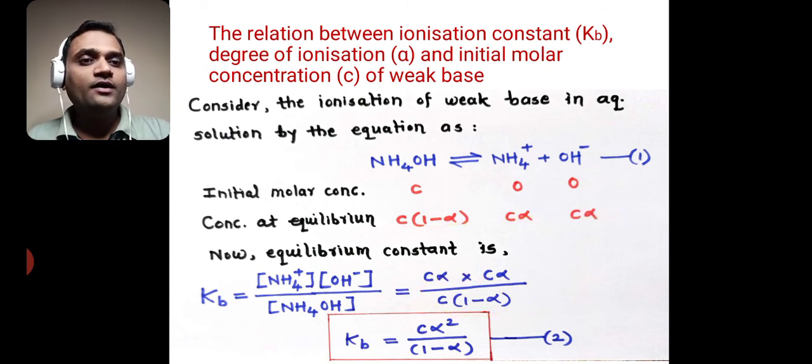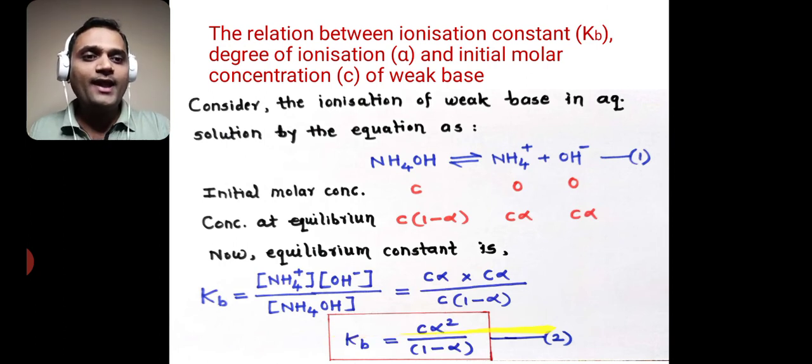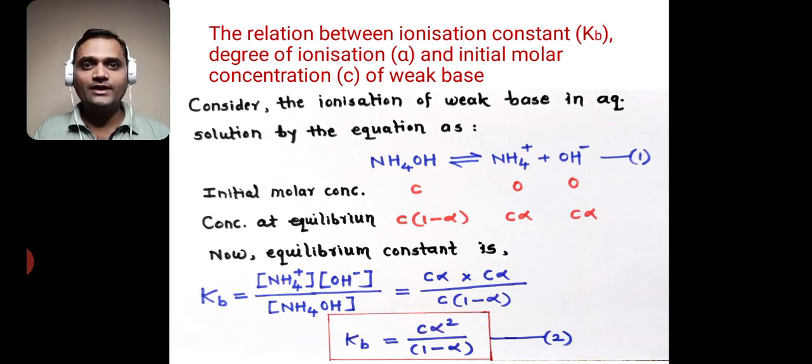By cancelling the common term C, we get the final equation Kb is equal to C alpha square divided by 1 minus alpha. So what is our final equation? C alpha square divided by 1 minus alpha.